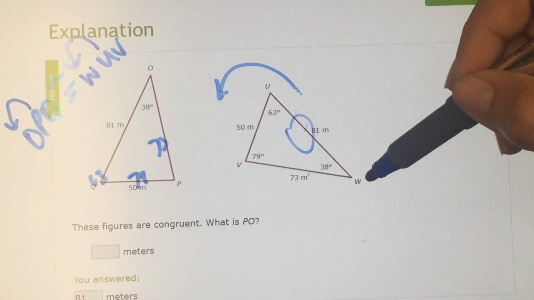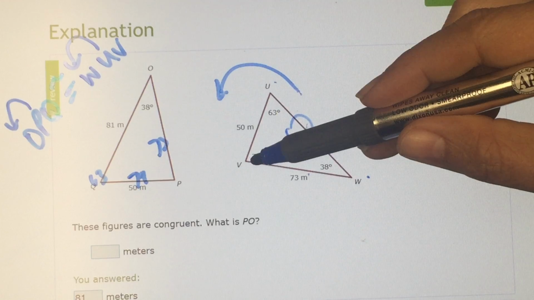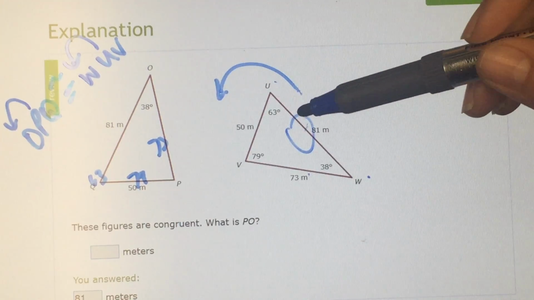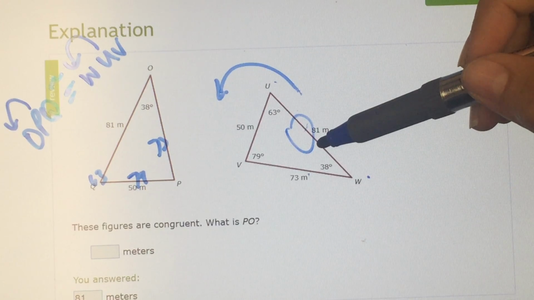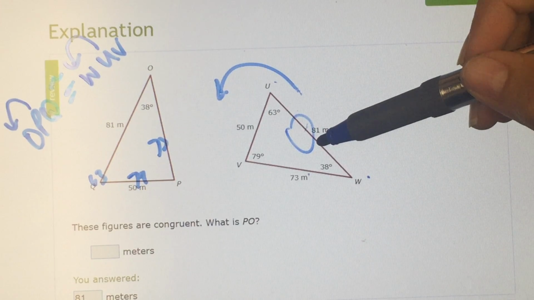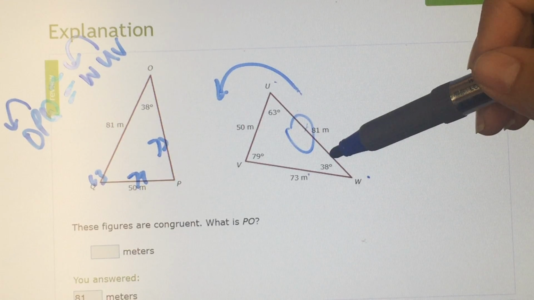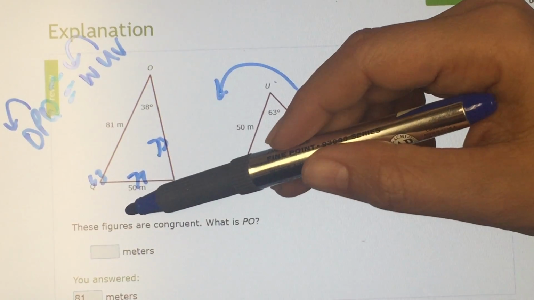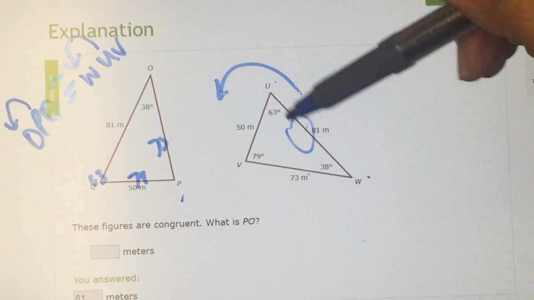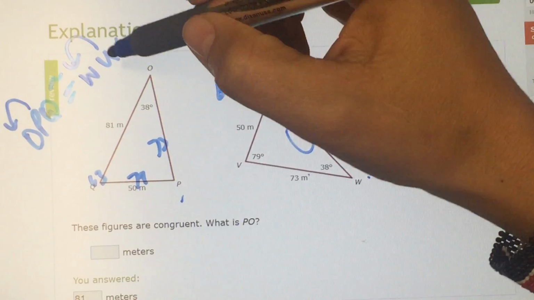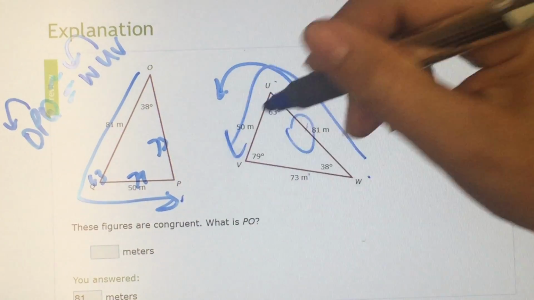Yeah, so I should have gotten W, U, and then V. Oh, because I went OPQ. Why did I do that? I went OPQ and then this one I went backwards. I went WUV. So I should have said OQP, and then when I stand this up, I go that.